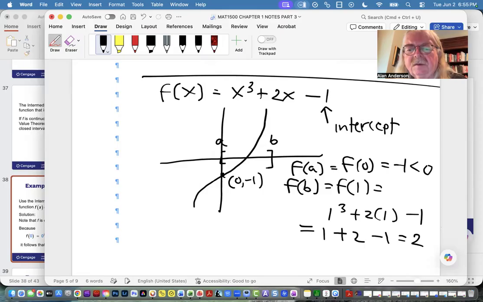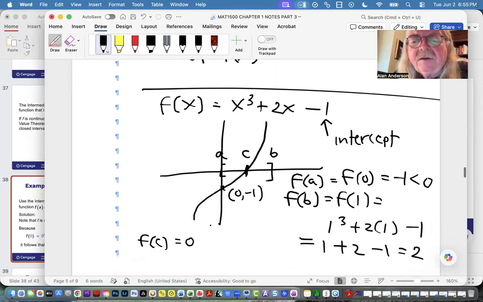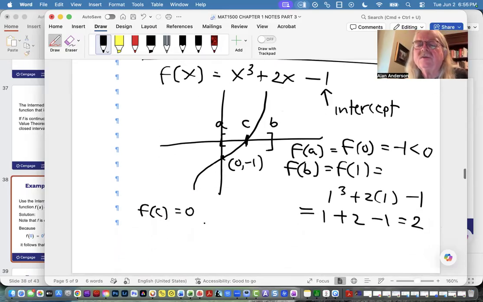Okay, so what we want then is some intermediate point, C, where f of C is 0. Now, I don't think they want us to actually solve for it. I think they just want us to prove that it exists.